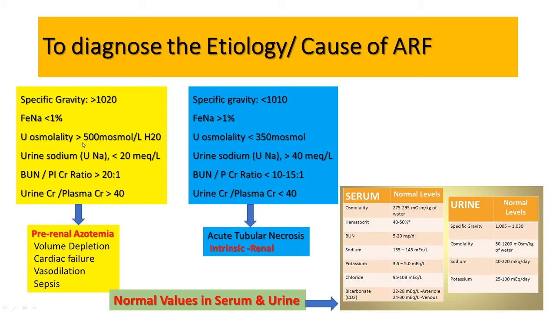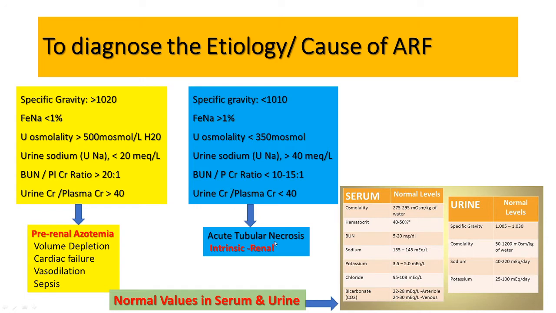Urinary osmolality is greater than 500 milliosmoles per liter of H2O. Urinary sodium is less than 20 milliequivalents per liter, BUN to plasma creatinine ratio is greater than 20, and urine creatinine to plasma creatinine ratio is greater than 40.